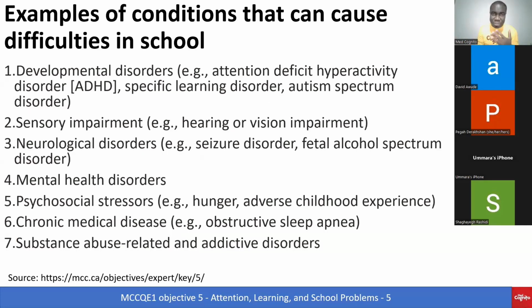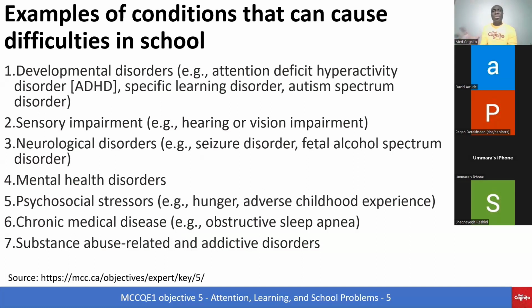I saw that some people wrote ADHD, specific learning disorder, autism spectrum disorder. Whichever textbook or reference I'm using, after I list all these things down, I'm going to use my topics as learning tools.